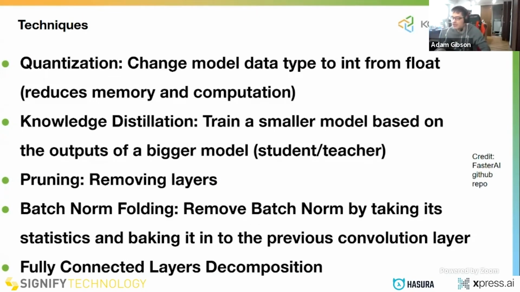That's kind of slow and has its own overhead. What you can do is take that mean and standard deviation and bake it into the previous layer. That allows you to remove some extra redundancy from your models. And connected layers decomposition.